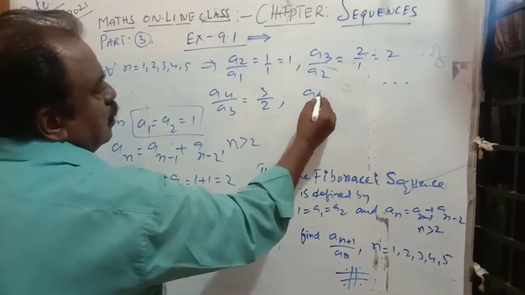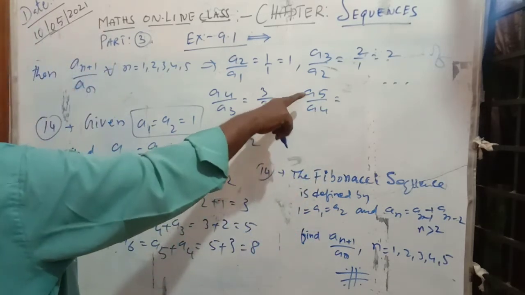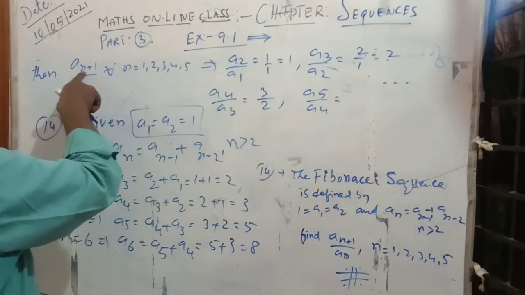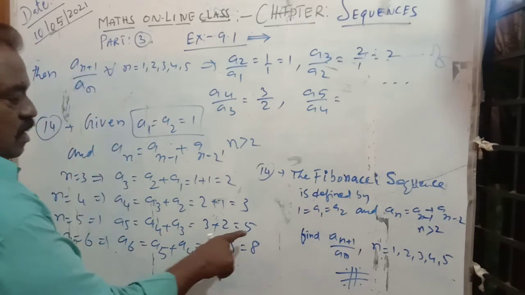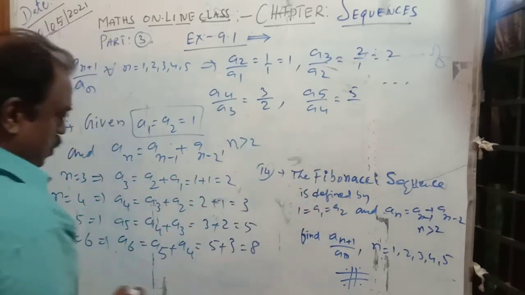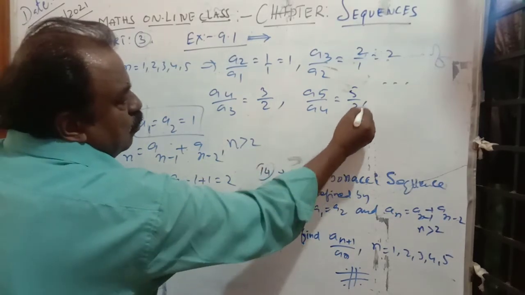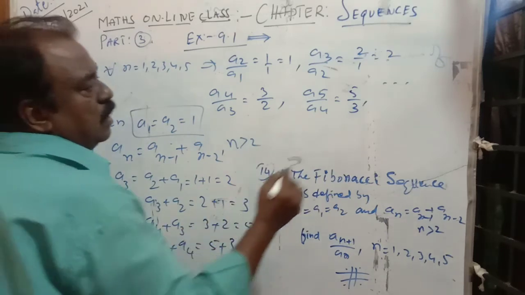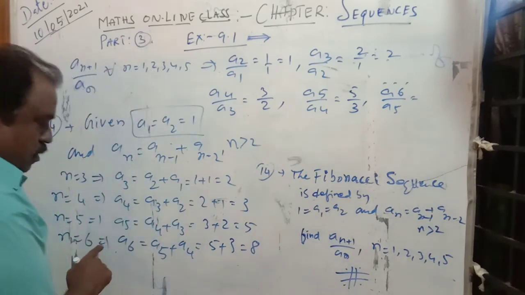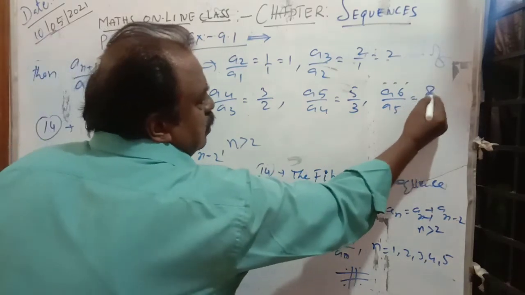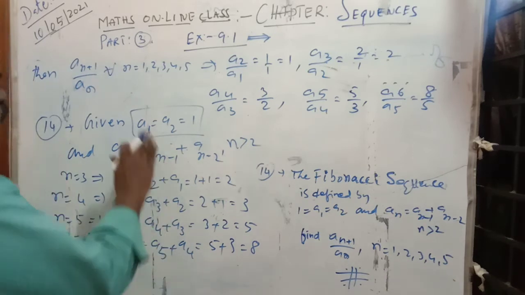Again, A5 by A4. When n is equal to 4, 4 plus 1, 5, A5 by A4. A5 is already there, 5, by A4 is there, 3. Next, similarly, A6 by A5. A6 is 8, A5 is 5.